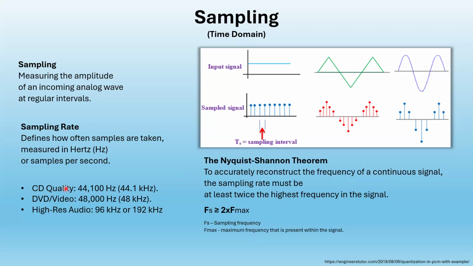All right, now 48 kilohertz is a DVD, and high resolution audio would be 96 kilohertz or even 192 kilohertz. So that's pretty high sampling rate. That's way beyond what we can hear, but it actually helps with some of the processing of the signal before it's being served to you.